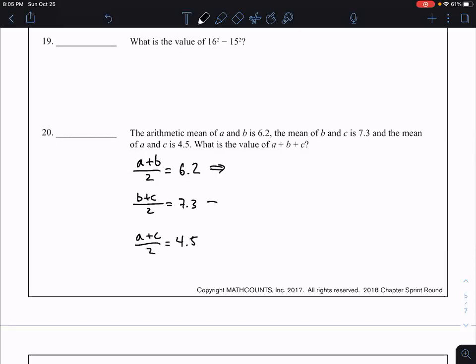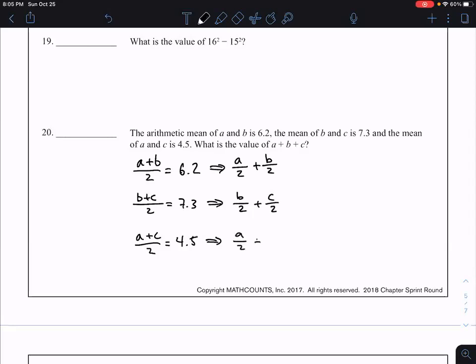And from all of these, we can cross multiply like this to get, wait, hold on, let's not do that yet. First, let's separate these fractions. So this is essentially equal to A over 2 plus B over 2. This is equal to B over 2 plus C over 2.